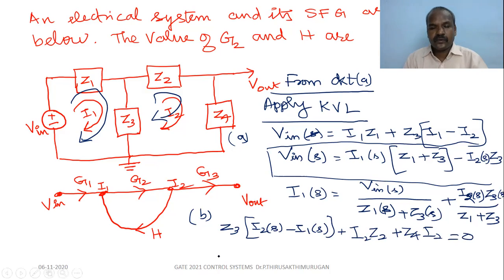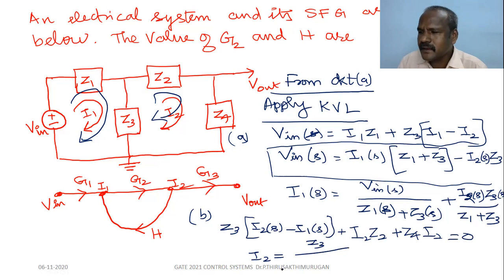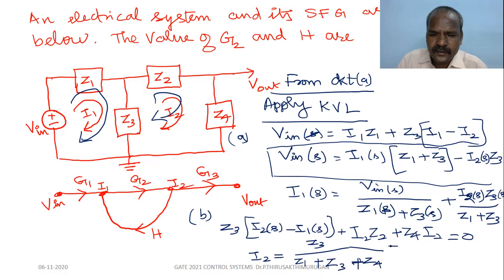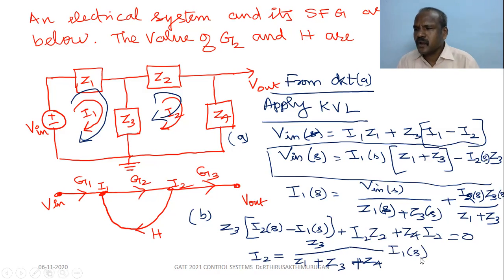If you manipulate this relation, we will get I2 of S equal to Z3 divided by Z3 plus Z4 into I1 of S, with S added for all the terms.